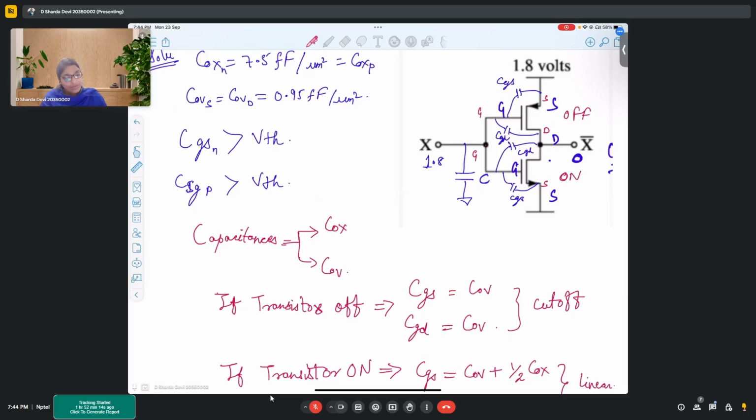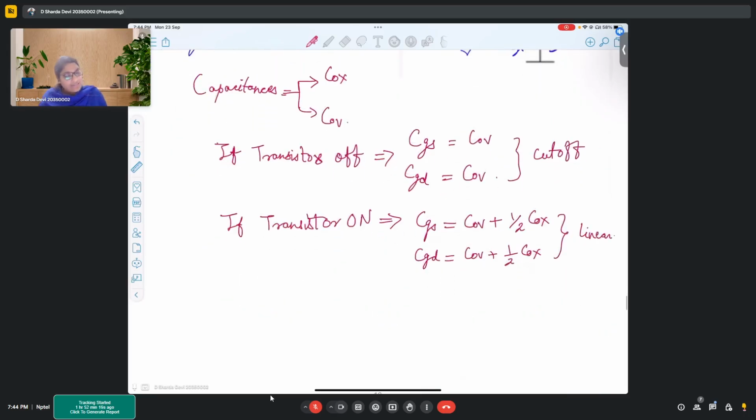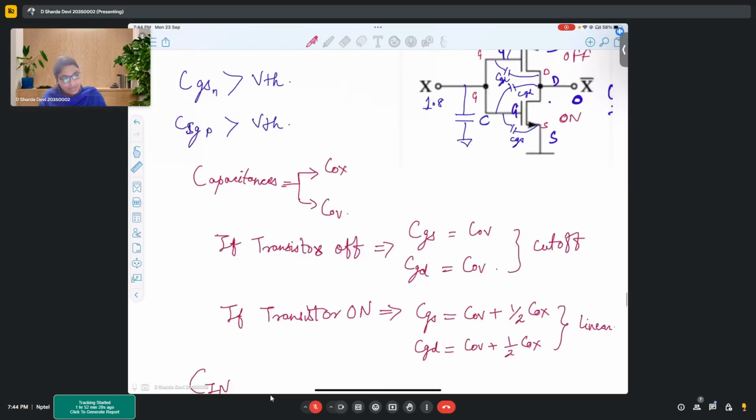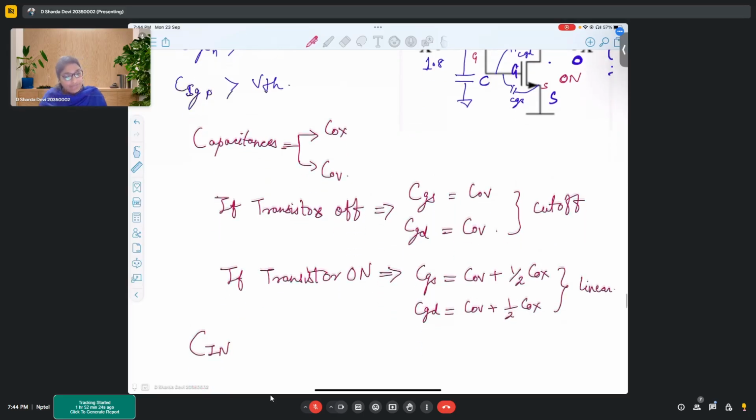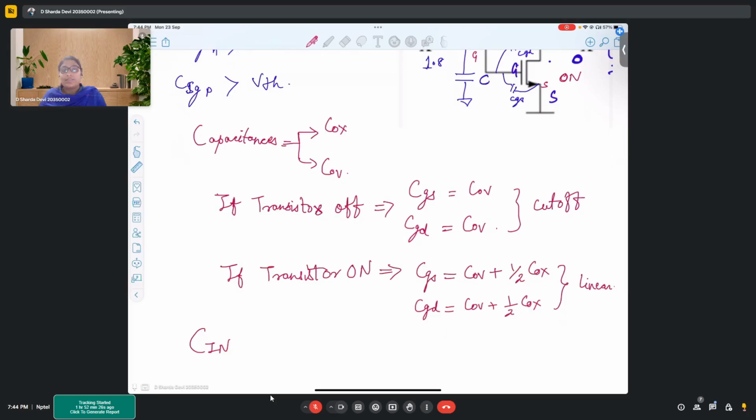Now based on this, the capacitance in Cin will be, we know that this inverter has a gain of 1, right? Inverter has a gain of 1. So that's why the gain into CGD will again come out to be CGD.